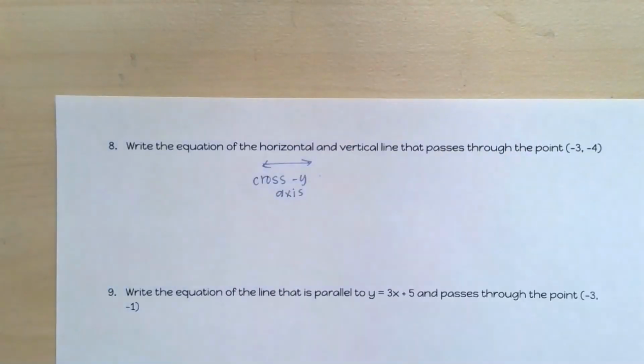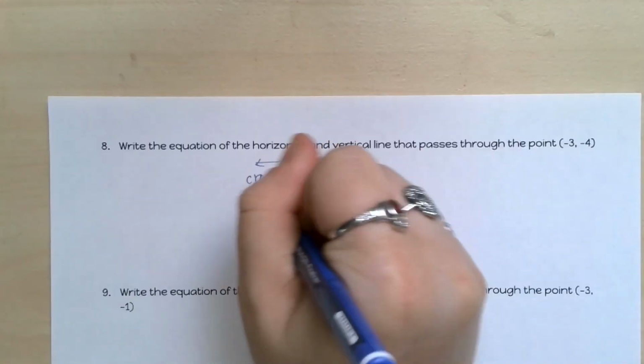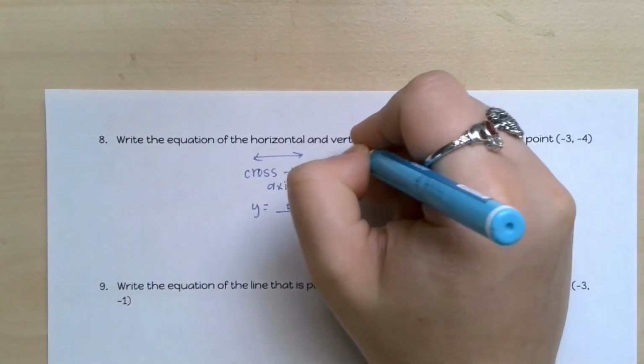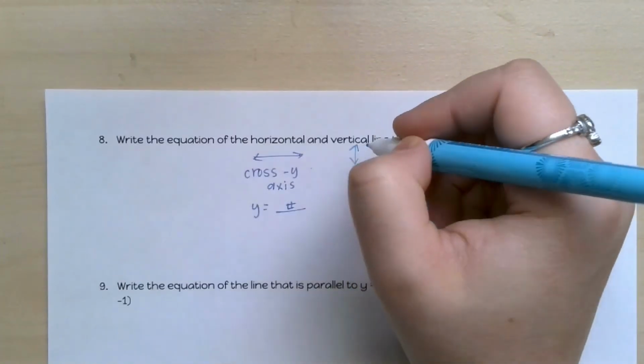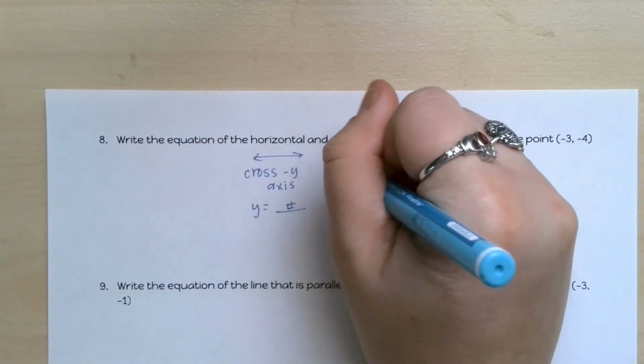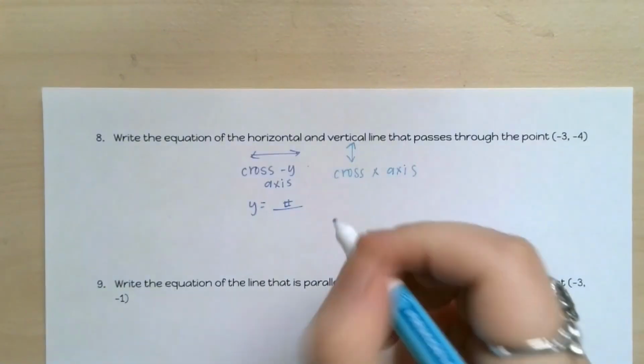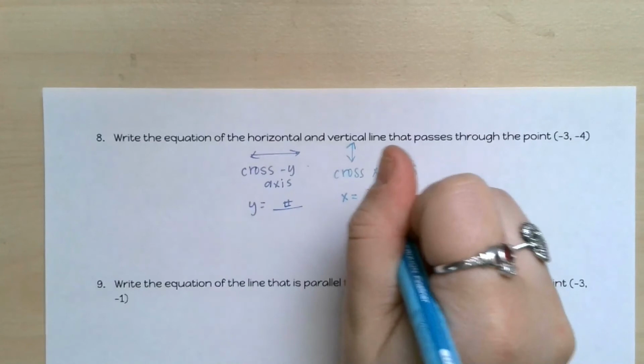So those are always going to be written in the form of y equals some number, for our horizontal lines. Vertical are the ones that go up and down. And when you graph those, they cross the x-axis. So they're always going to be written as x equals some number.